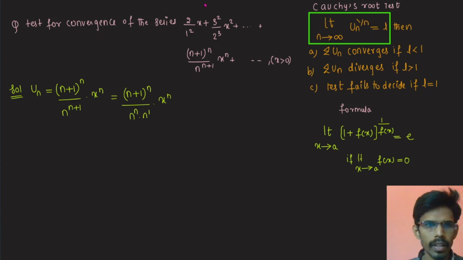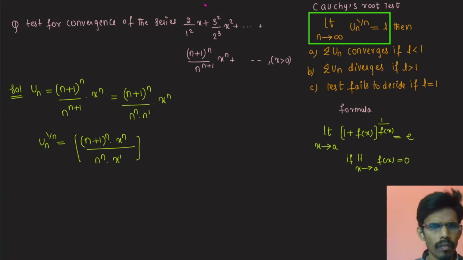Now apply 1 by n to the power on both sides. We have un power 1 by n. Here I'll get n plus 1 whole power of n into x power of n upon n power of n into x power 1, whole 1 by n. Now this 1 by n will distribute to all of these terms.